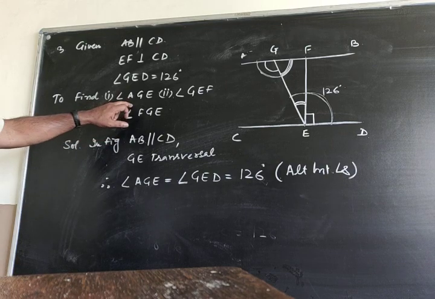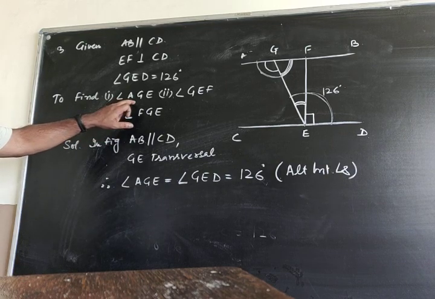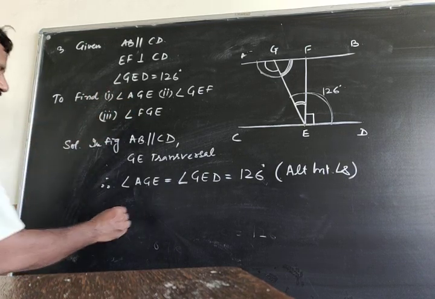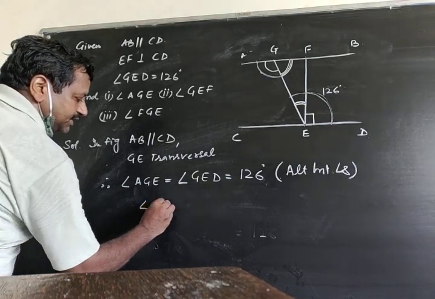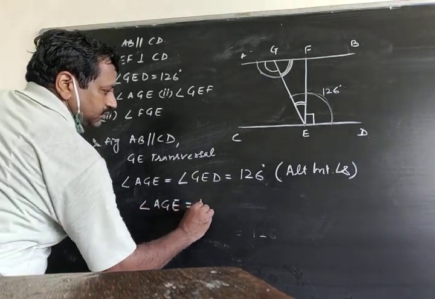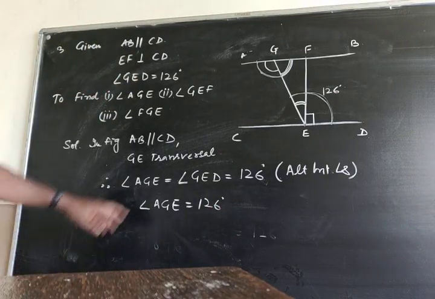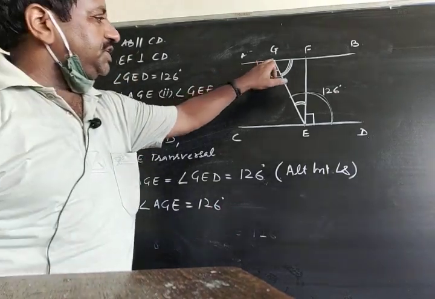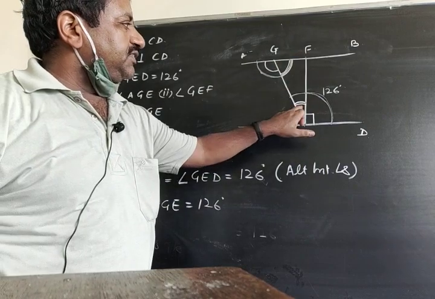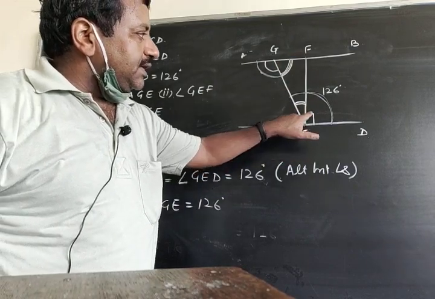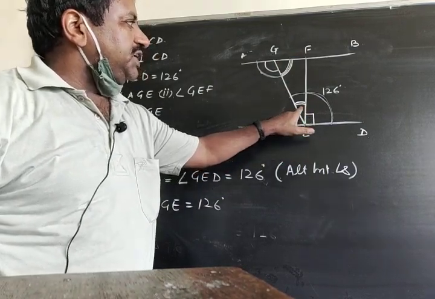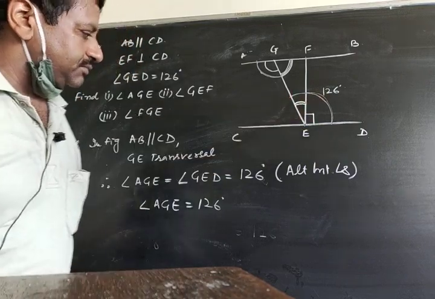So the first part we have done: angle AGE equals 126 degrees. Second part, GEF, this angle. So you can see that 90 plus GEF is equal to 126.